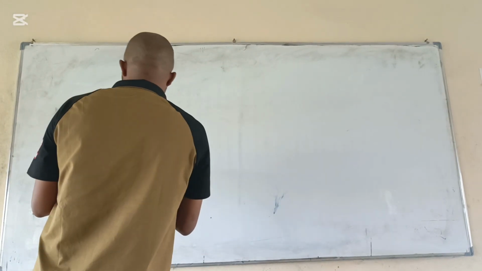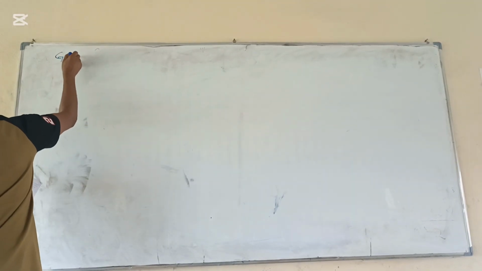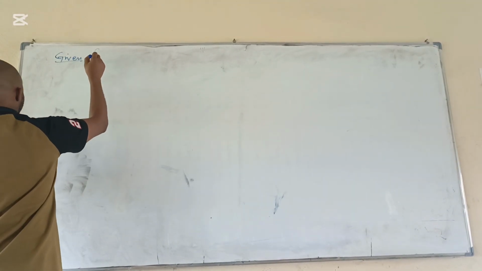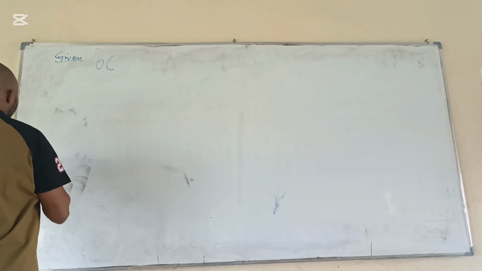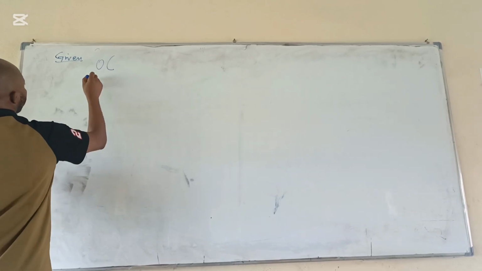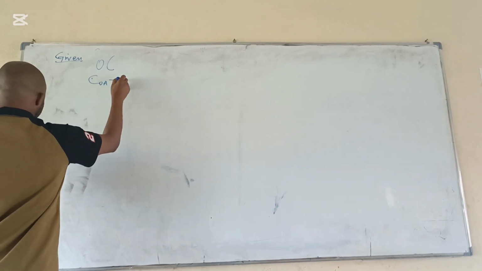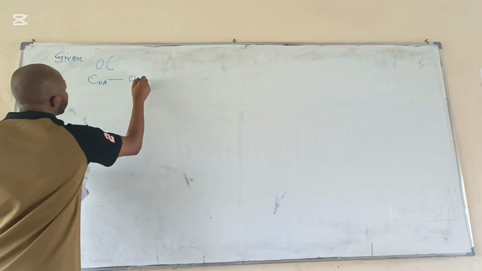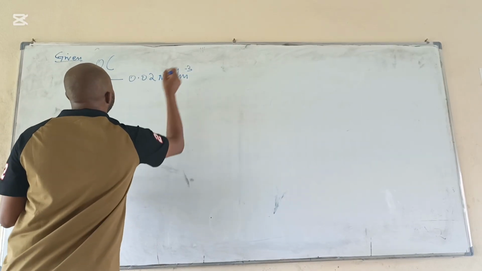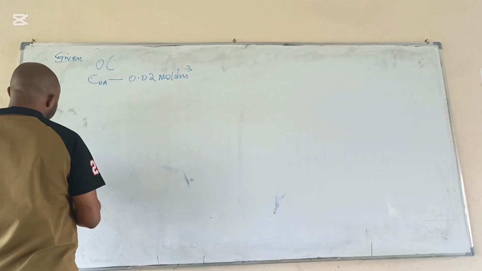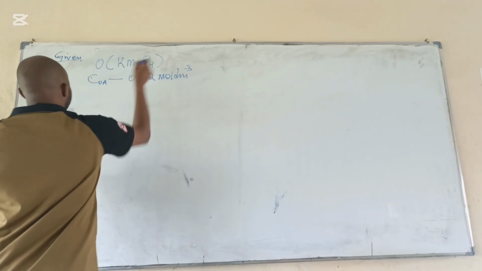Our next question, this is our given. Write it as given. We have O, the oxidizing agent. The concentration of the oxidizing agent is 0.02 mole per dm³, and the oxidizing agent is KMnO4.